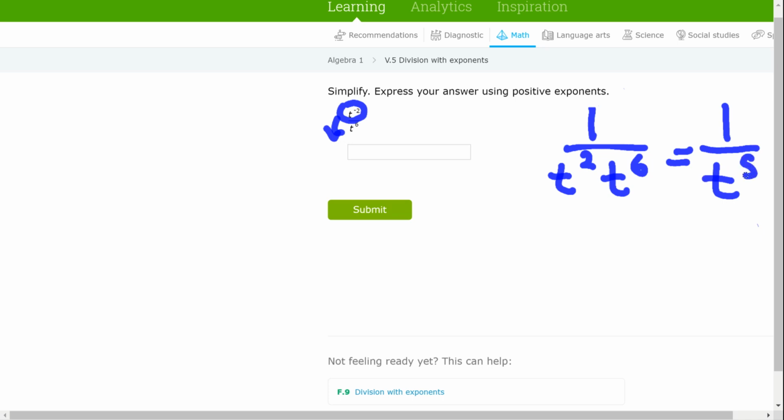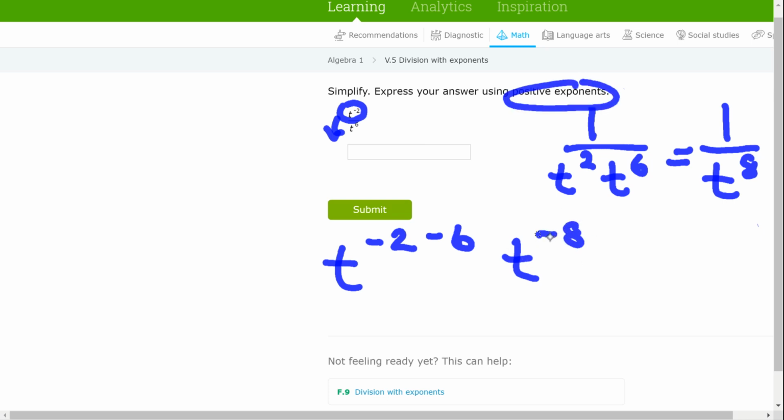So that is one way of doing it. The next way of doing it is to just know we have to minus the exponents because we're dividing. So negative 2 minus 6 gets you that negative 8. Now once again, notice that it says positive exponents. So since we have a t to the negative 8 in the numerator, we need to move it down.